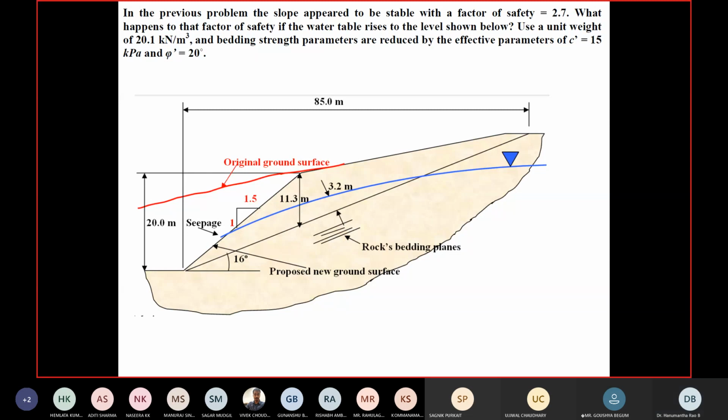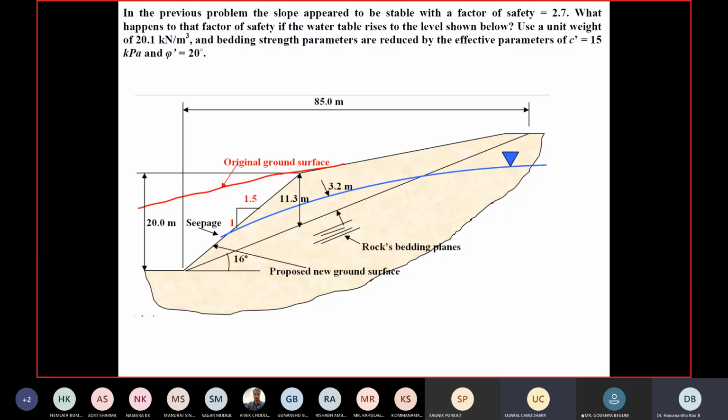Suppose if you have taken the method of slices and divided the entire thing into slices, we don't have such a luxury. It is also not recorded where the maximum height was recorded, but it is at some point along the slip surface. That's it. So it's given that 3.2 meter is the rise in the piezometer.